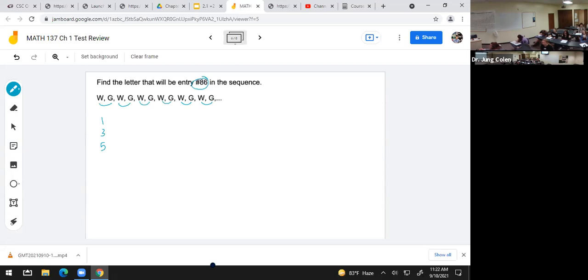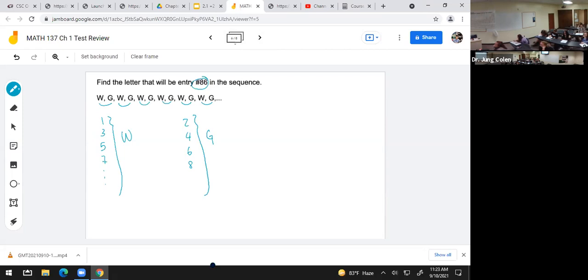First letter, third letter, fifth letter, seventh letter, ninth letter. All of these are odd numbers, and their letter is W. And the even number terms, all of those are G. So if our number is odd, the letter should be W. If it is even, it should be G, right? So 86, what could that be? G, right? Okay, good.